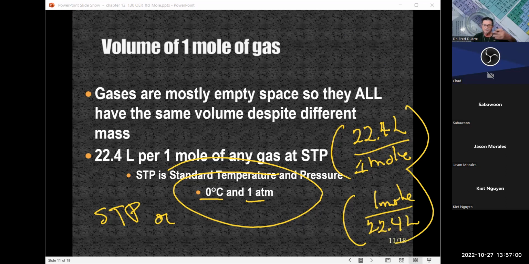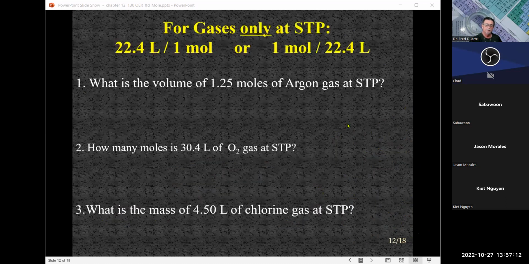And like any ratio that we've been working with, which one you use depends on the question, okay? All right. So let's work through one of them. What is the volume of 1.25 moles of argon gas at STP?